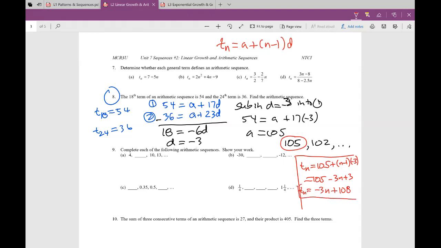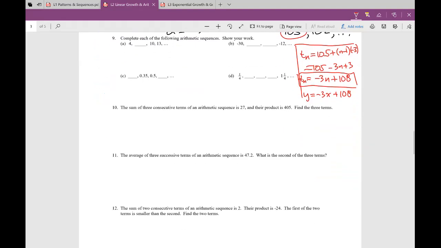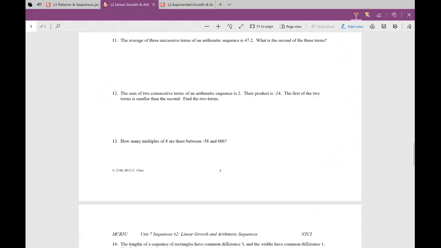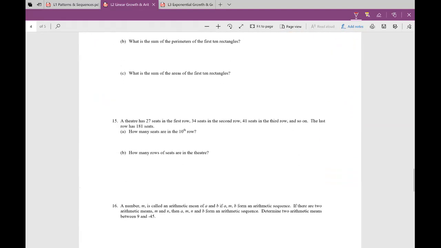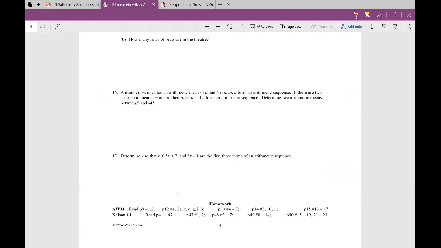So this would be classified as the general term. Now, some of you also noticed something that I said way back at the beginning, linear. So some of you are seeing this also as some kind of equation of a line. So some of you already know that some of these questions can be solved by using some simple things. So that's lesson 2, arithmetic basically in a nutshell.